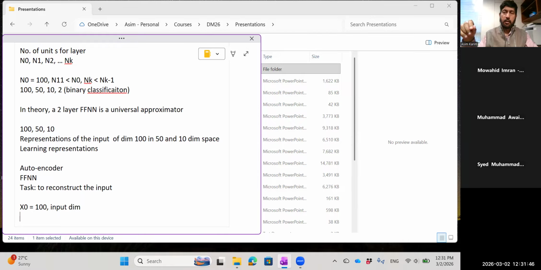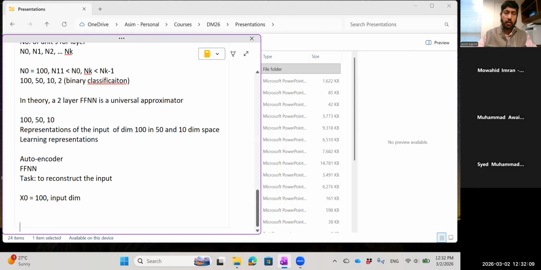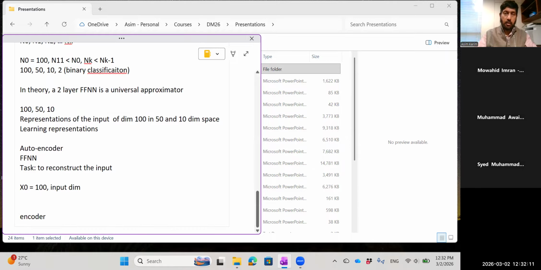Okay, so essentially an autoencoder therefore consists of, you can divide it into two feed forward neural networks, although technically it is one feed forward neural network, but थोड़ी सी शेप डिफरेंट होती है. पहला एक फीड फॉरवर्ड नेटवर्क है जिसमें डायमेंशंस कम हो रही हैं, और दूसरा फीड फॉरवर्ड नेटवर्क जिसमें डायमेंशंस बढ़ रही हैं. So the first one we call the encoder, and the second we call the decoder.